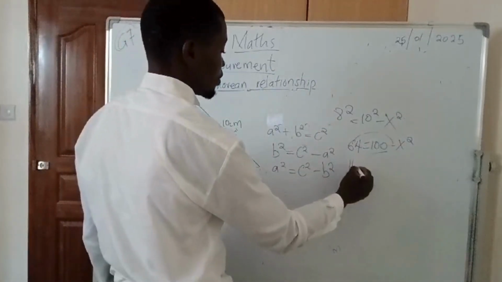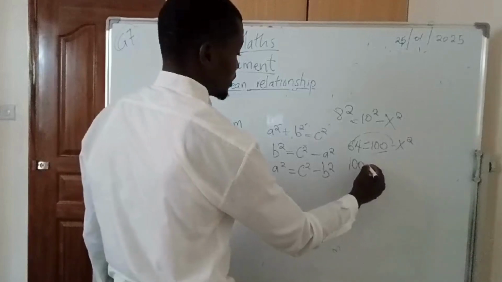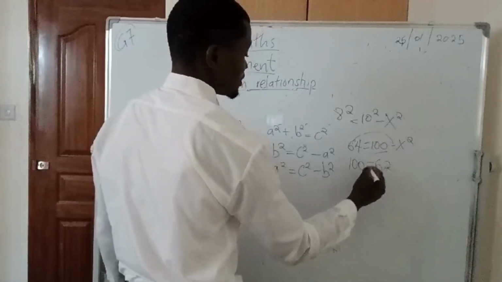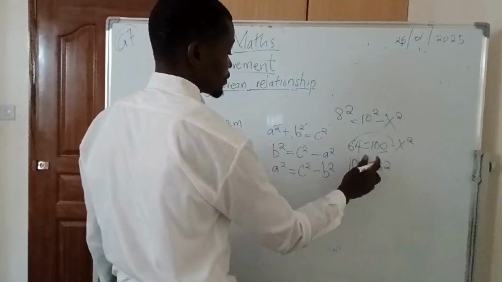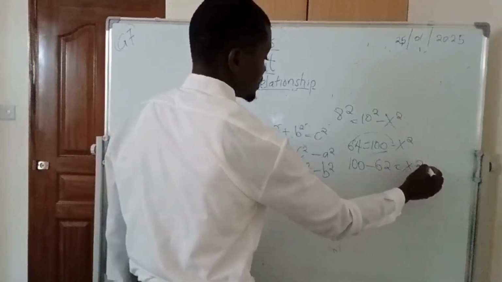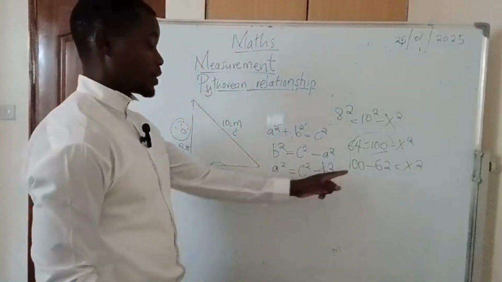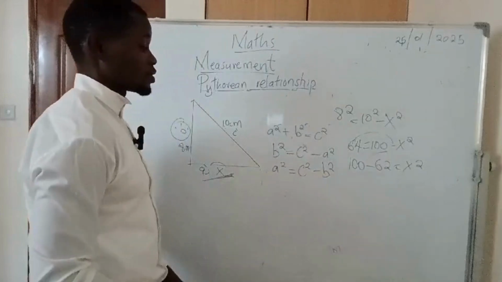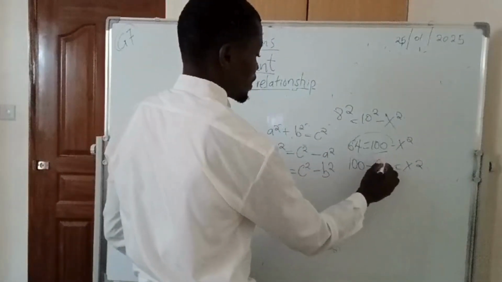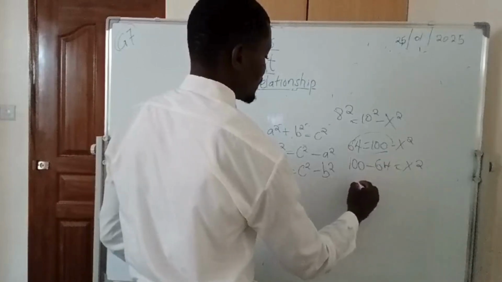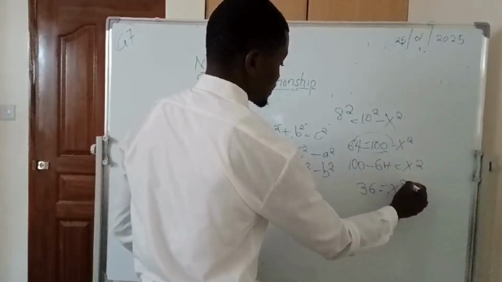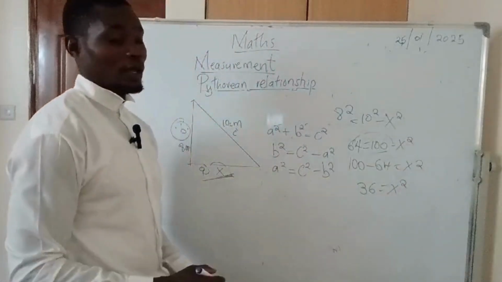So it will be 100 minus 64 is equal to x squared. 100 minus 64, not 62, it will definitely be 36 is equal to x squared.